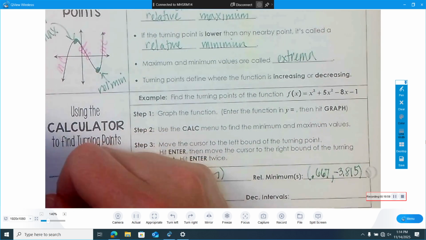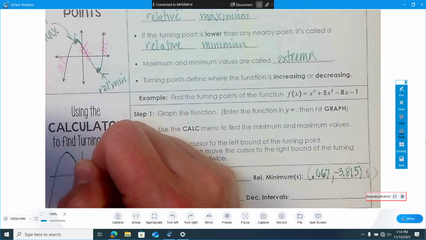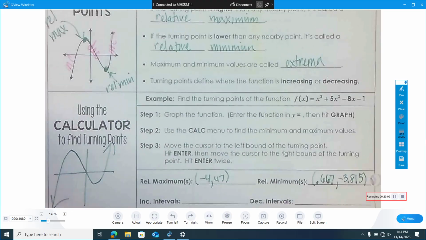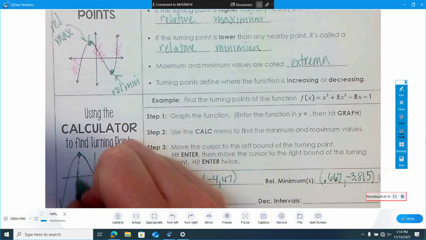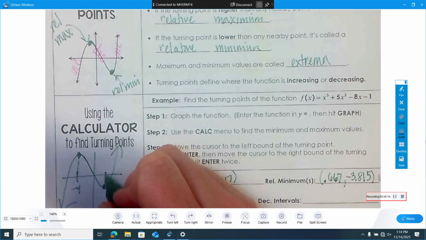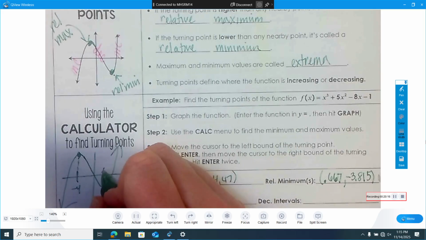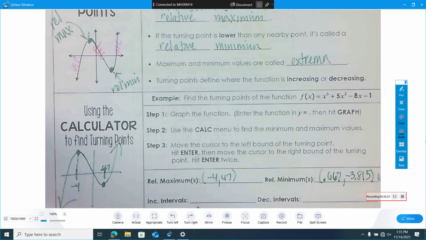And then if we have that, so I have my little picture of my curve here. My little curve was like this. Looks like that. All right? And we know that this maximum is right here, and that is the x value of -4. And this minimum is right here, and that's the x value of 0.667. So we want to know our increasing intervals and our decreasing intervals.